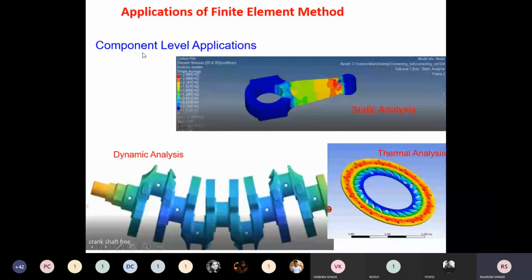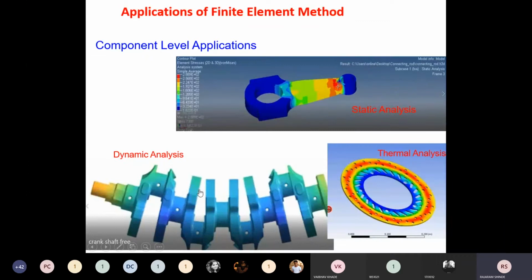At the component level, there is static structural analysis, or steady state analysis, for finding the stress, strain or failures of the components. On the basis of the finite element method, analysis software works. The finite element method is the background for the analysis software.